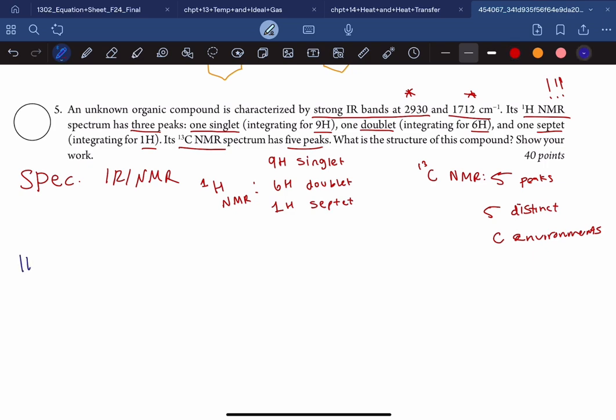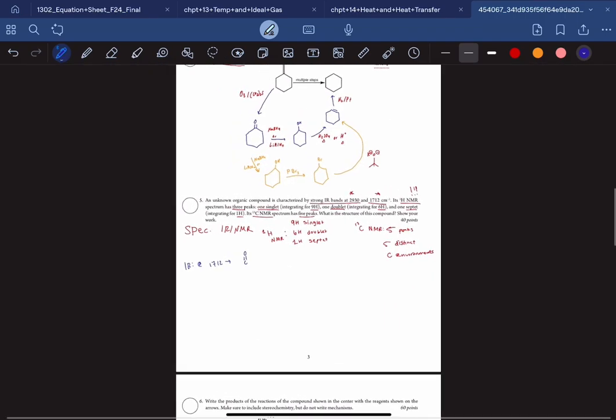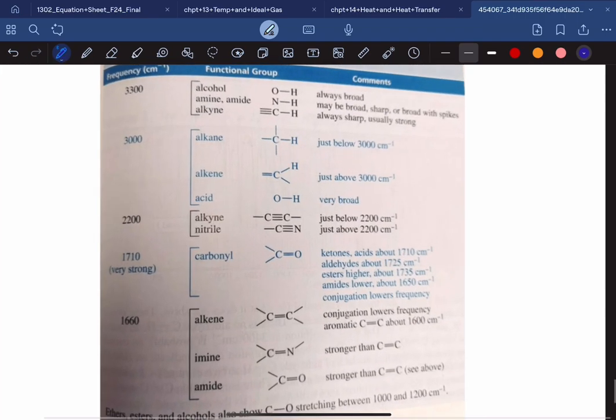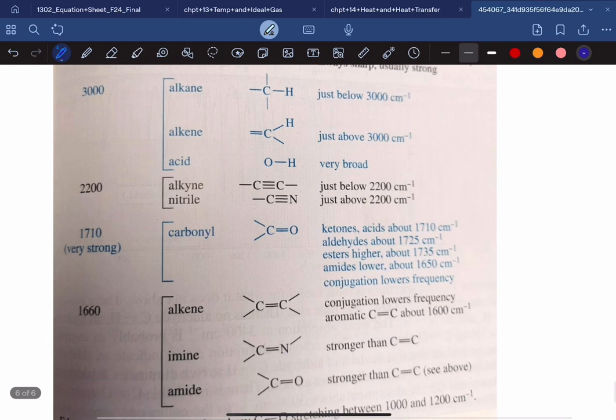IR at 1712, the paper is going to tell you it's a carbonyl. So we know we're at about 1700. It could be some kind of ketone or aldehyde, not really an ester, and definitely not an amide, because amide is 1650. It could be either of these, basically. So just keep this structure in mind.